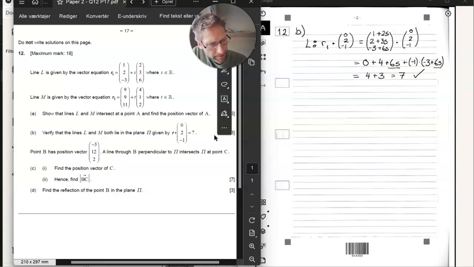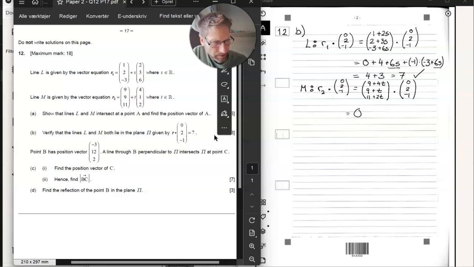So the line L fulfills the equation. We do the same for the line M. We take R2 and we make the dot product with 0, 2, minus 1. This time R2 is 9 plus 4t, 9 plus t, and 11 plus 2t. And we make the dot product with 0, 2, minus 1. And what do we get?